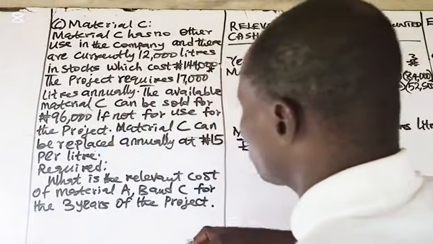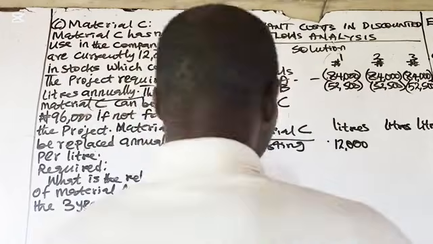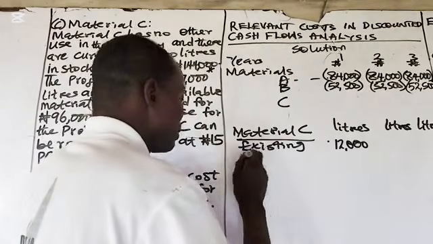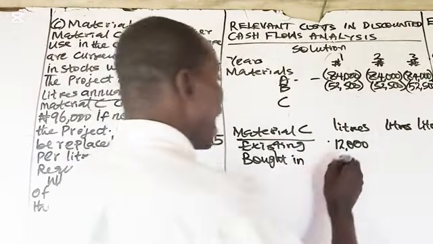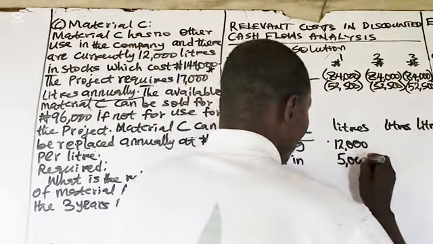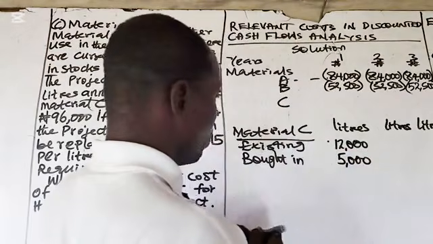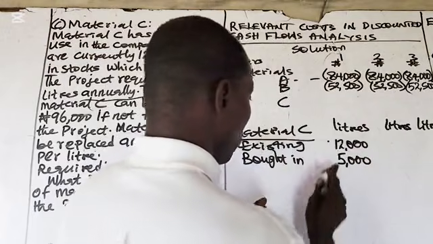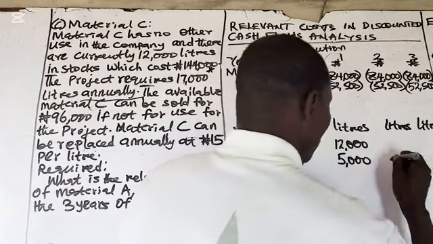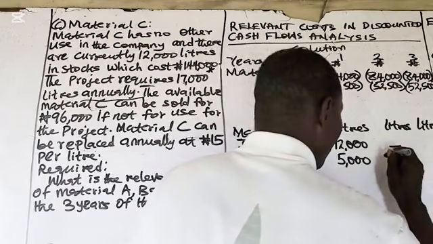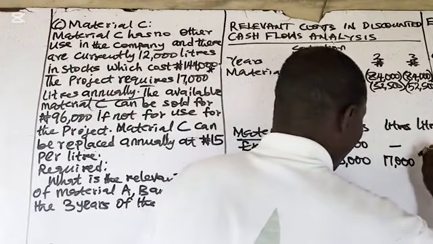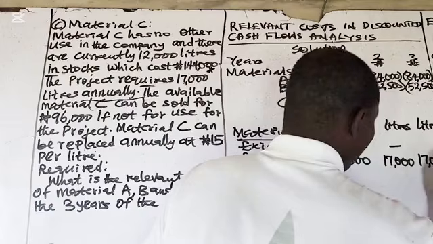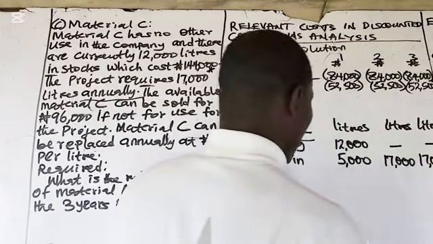So that means you will have bought-in material C. You will buy an additional 5,000 in year 1 to make it 17,000 required for production. In year 2, since none is left in inventory, the whole of the 17,000 liters you need will be bought. In year 3, the 17,000 liters you need for production will be bought.